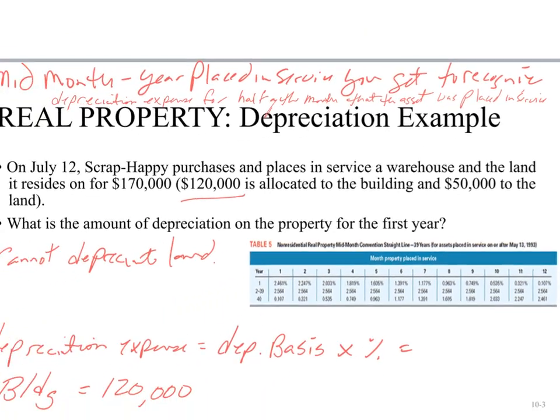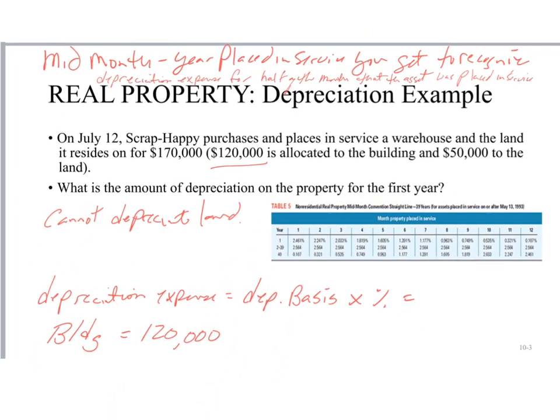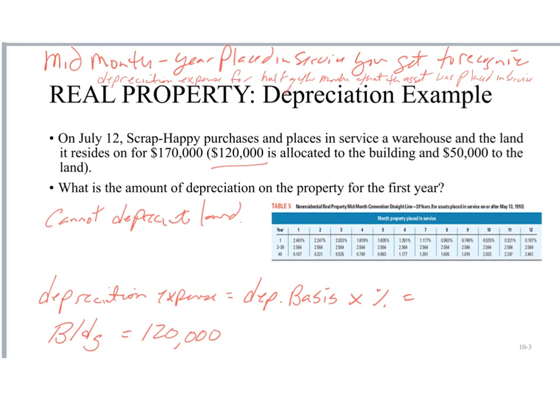That's what mid-month means. And the table does that for you. We're going to deal with disposition here in a couple of slides, and we'll talk about what happens in the year of disposition. But right now we need to figure out our percentage.